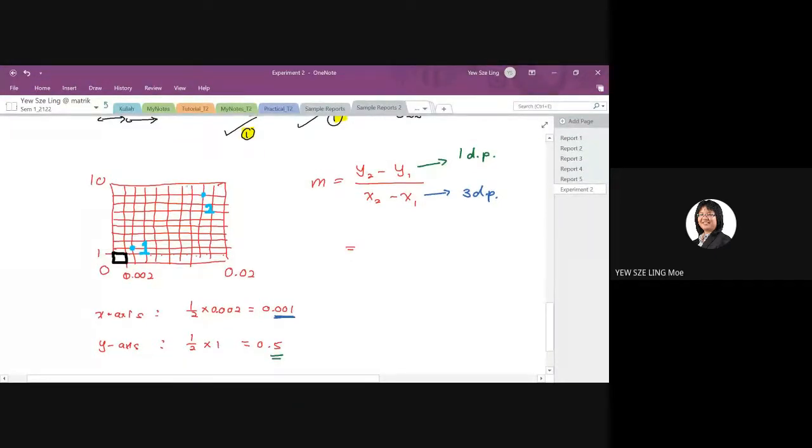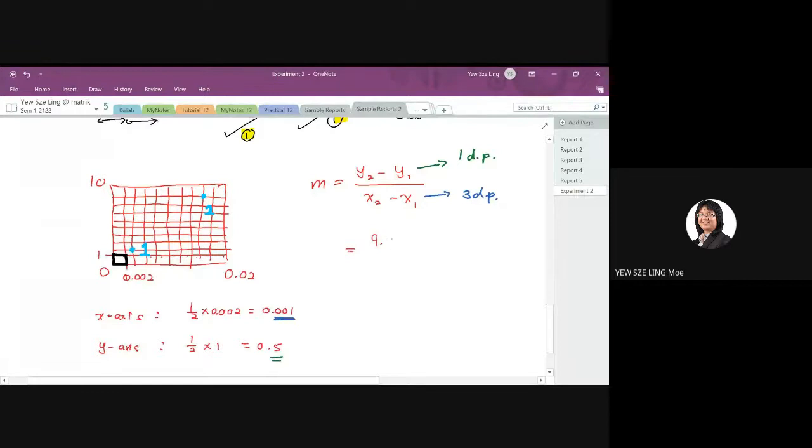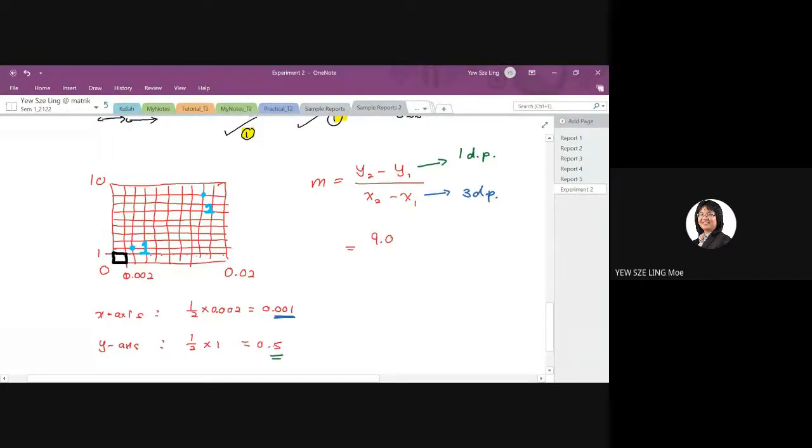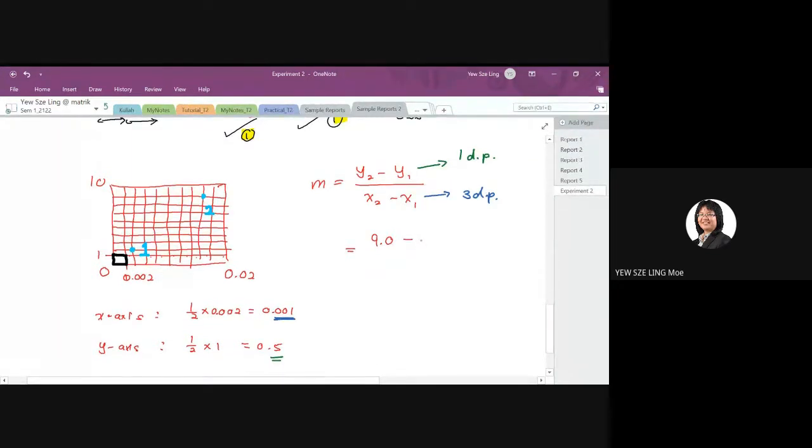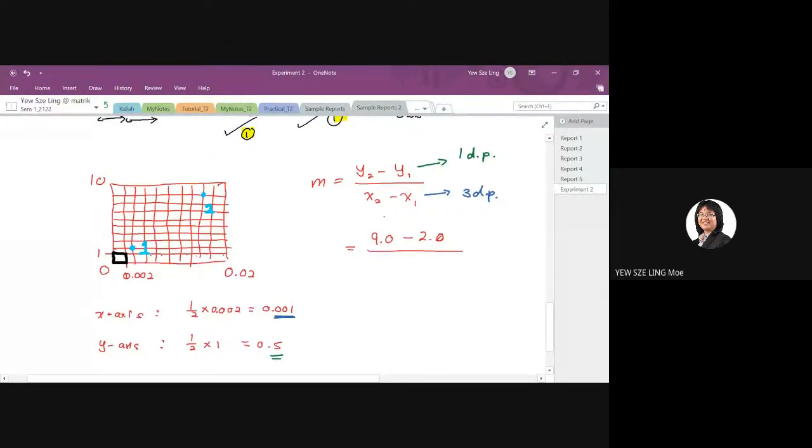My y2 is now 9, so 9.0, because half of the smallest value gives us 1 decimal point. Therefore, you need to record your y1 and y2 with 1 decimal point. Minus my y1, which is 2.0. Divided by, now let's look at x.